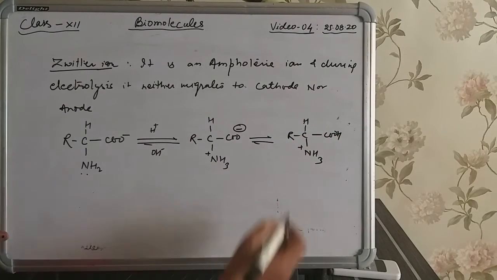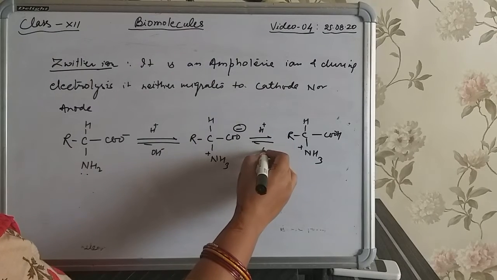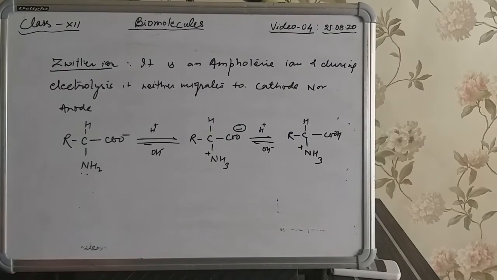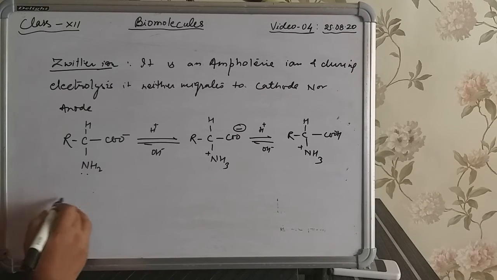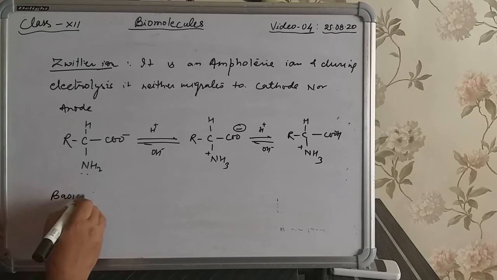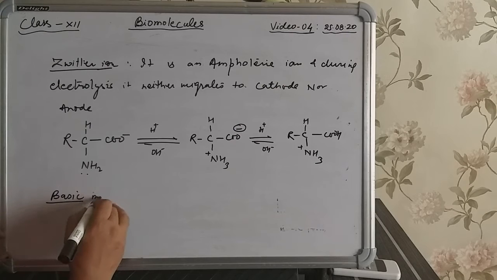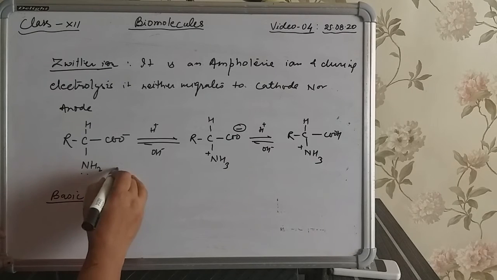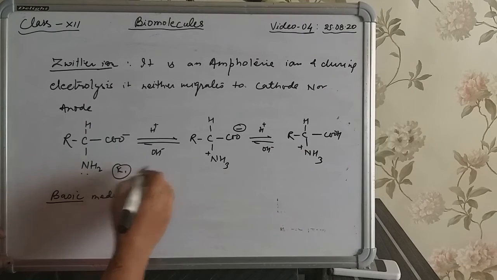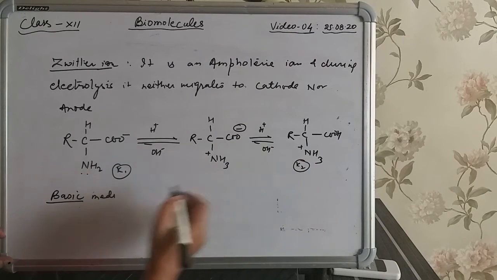COH in presence of H plus or OH. In water, as we know, H plus ion and OH ion are present. So we can simply define in basic medium. Suppose this is the K1 form and this is the K2 form.